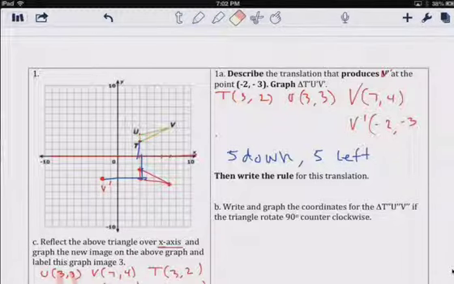Oh no, that's T, not V. Sorry. V went this far down, which is 4, 5, 6, 7 down. 7 down, and wow, okay, 7, 8, 9 left. 7 down and 9 left.